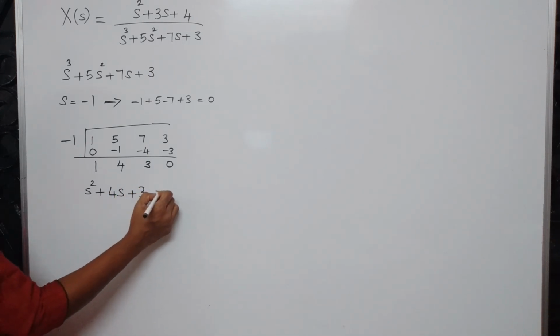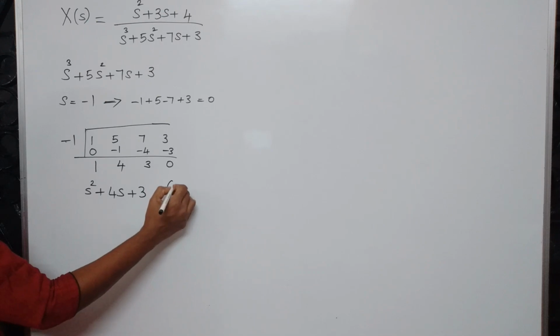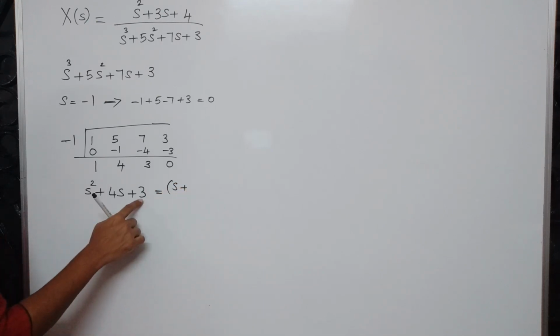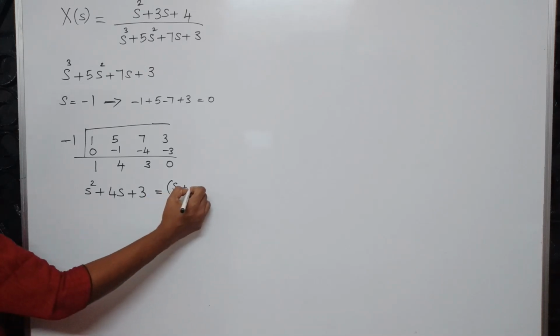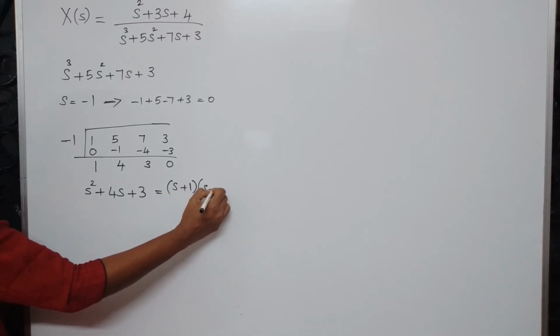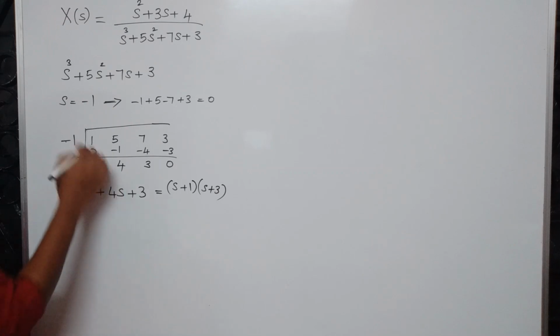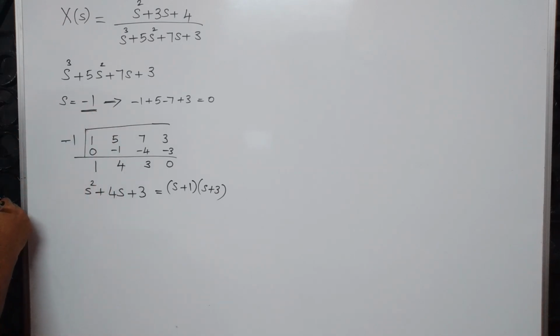Which can be expressed in factors as product should be 3, sum should be 4. So s plus 1 into s plus 3. One factor was s equal to minus 1.